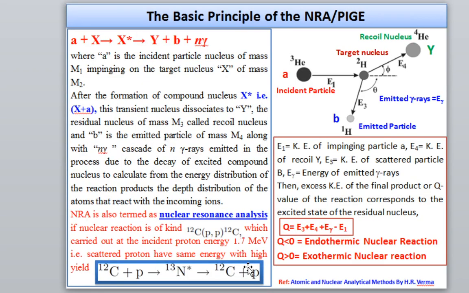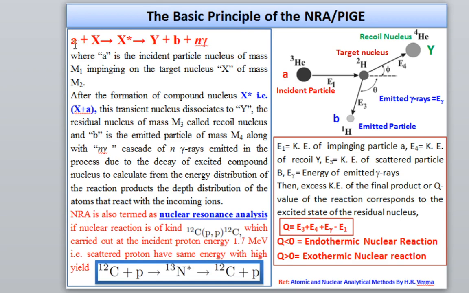So let us try to understand the basic principle of NRA. Here I have taken, let us say, an incident charged particle which is falling on the target X. The energy of the charged particle is E1, mass M1, and this is the target nucleus, mass M2.